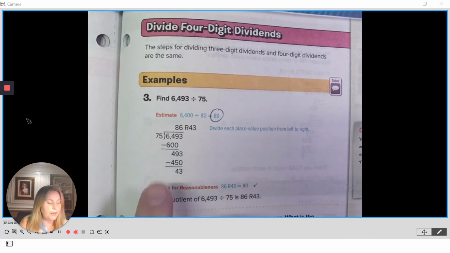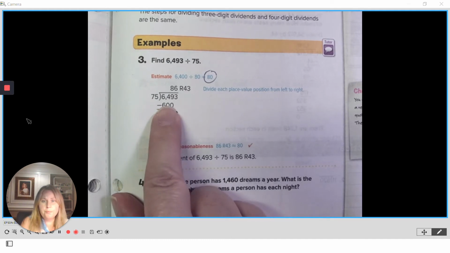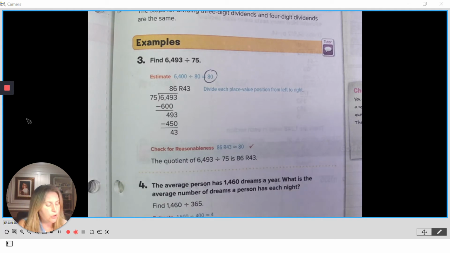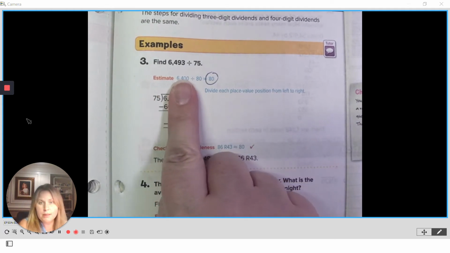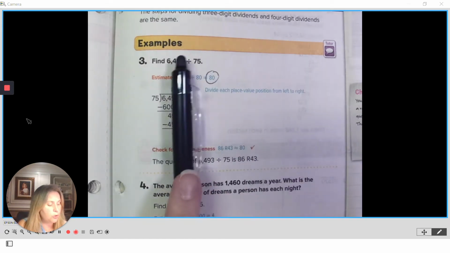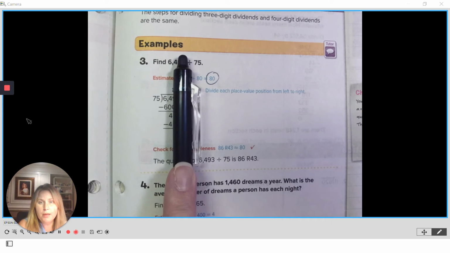And then when we divide, this is all worked out for us. So first of all, can 75 go into 6? No, it's too large. Can it go into 64? No, that's too large. So we can't put anything above the 6, and we can't put anything above the 4. Okay, so does 75 go into 649?